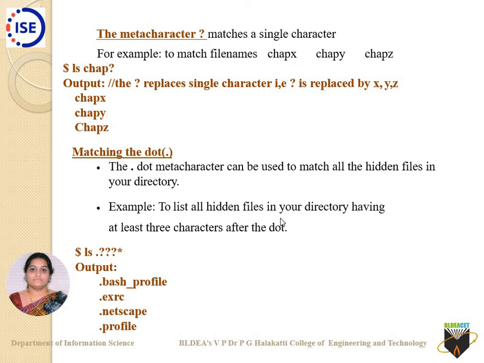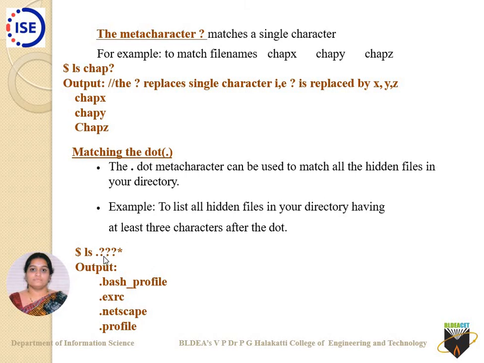Now my botheration is to list all hidden files in your directory having at least 3 characters after the dot. I said at least, not at most; further characters beyond that can also be matched, because I have used at least 3 characters.